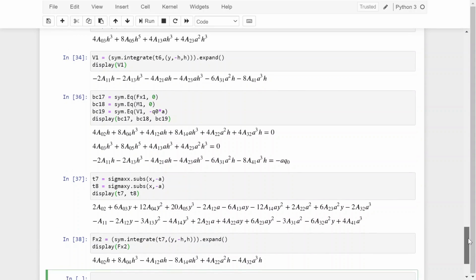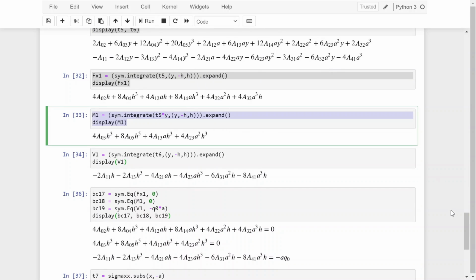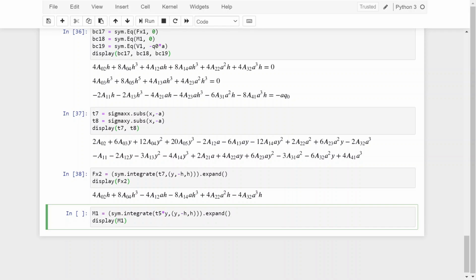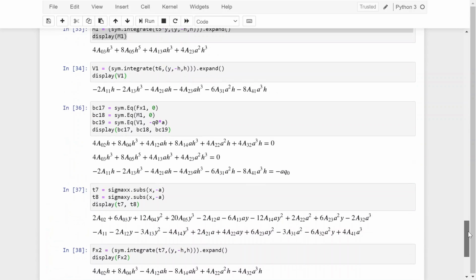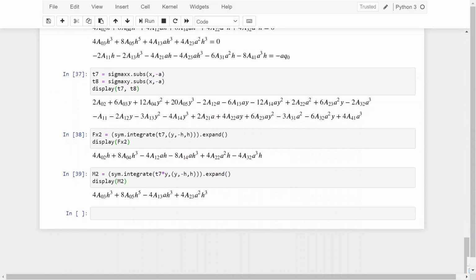Similarly for our bending moment, we can copy the expression from here, being careful to change the numbers. This is my m2 and we display this m2. All right, and finally for the v2 we copy from the v1, but make sure that we change the T6 to T8.